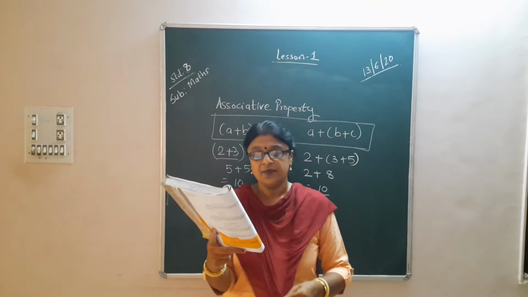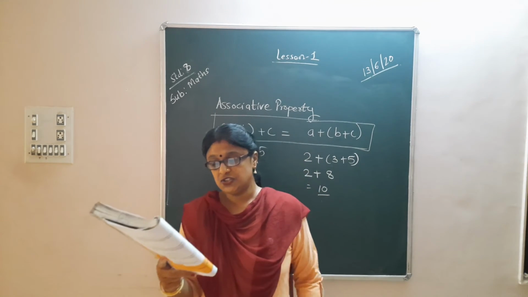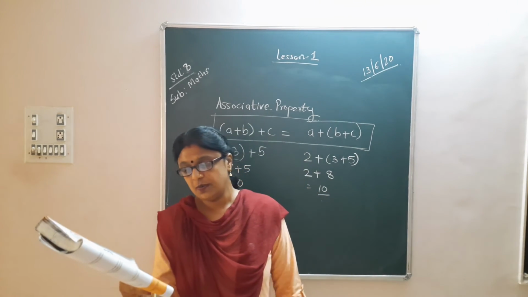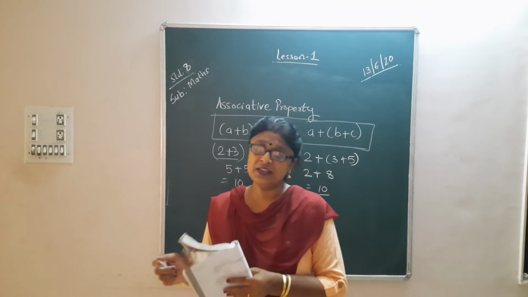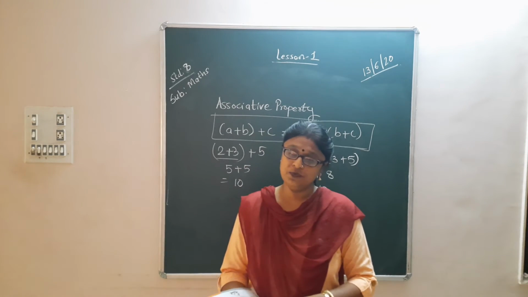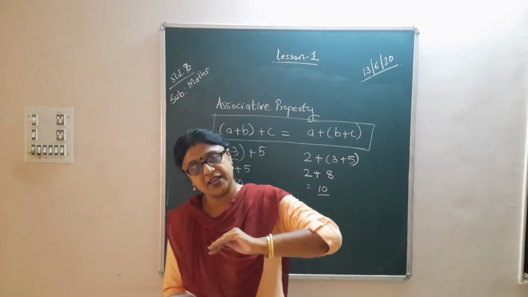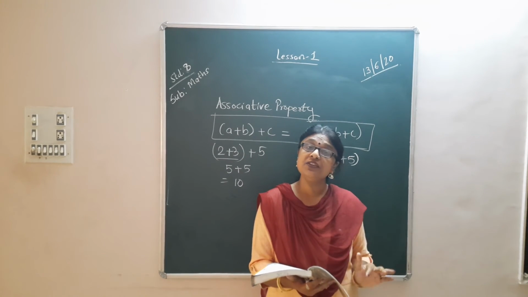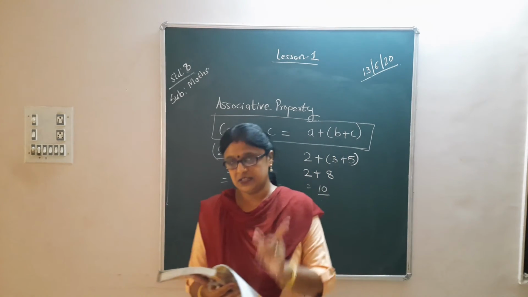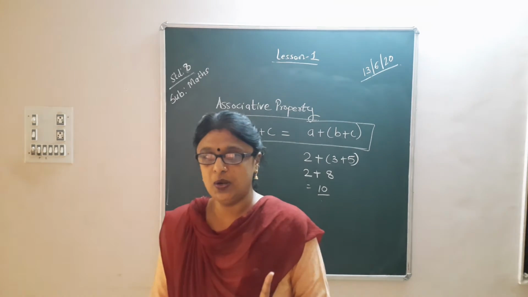For integers, addition is true, subtraction is not true, multiplication is true, and division is not true. So associativity holds true for addition and multiplication, and it does not hold true for subtraction and division. For which numbers? For integers and for whole numbers.